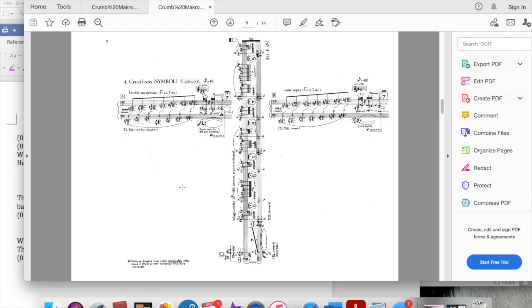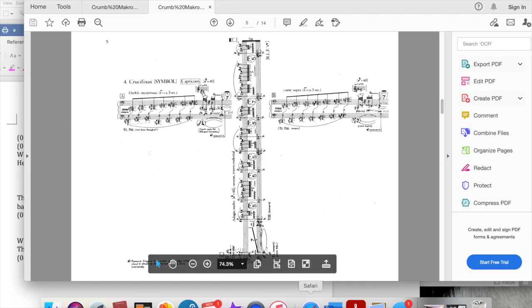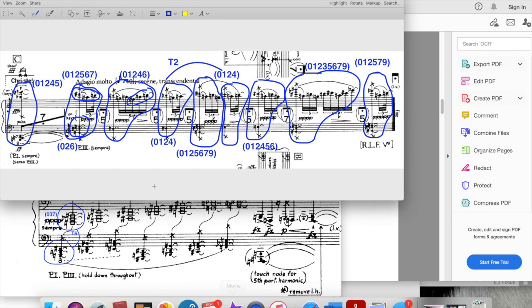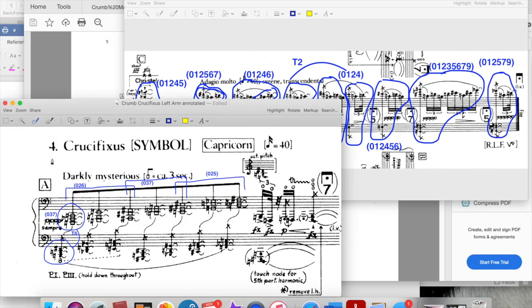And he is a fan of doing things like he did in this excerpt that I showed you, where there's a certain consistency or a certain pattern, some kind of relatively discernible way that he has organized his pitch content. And it often relates in some way to the narrative content of what's going on in the piece.